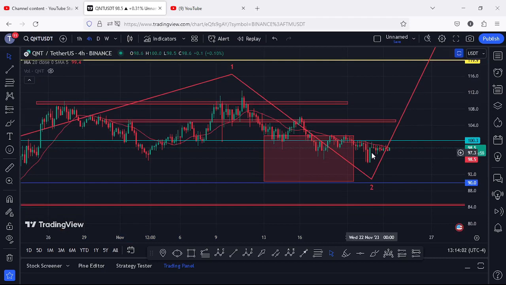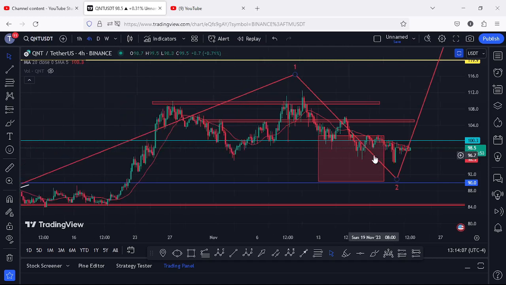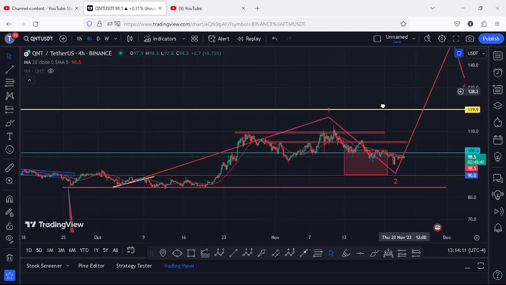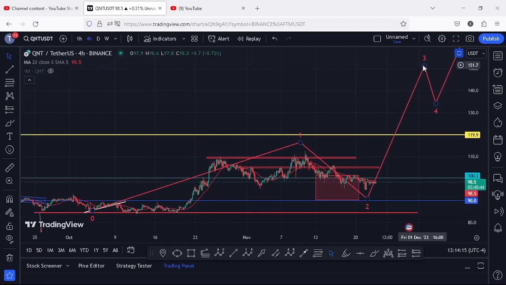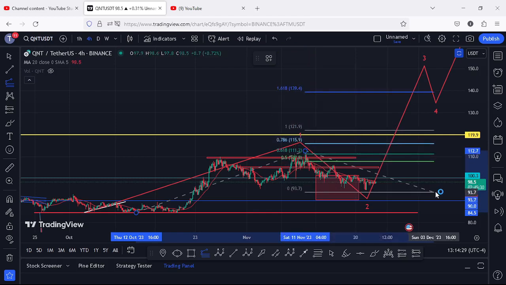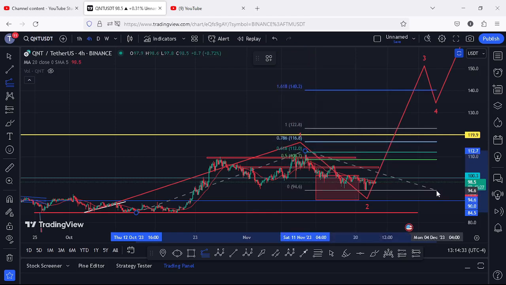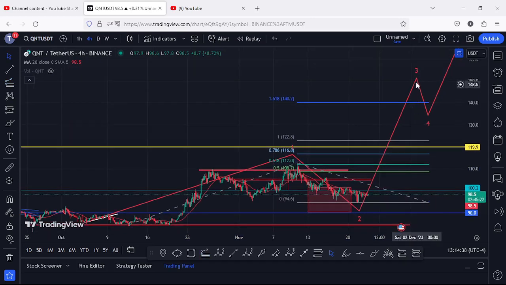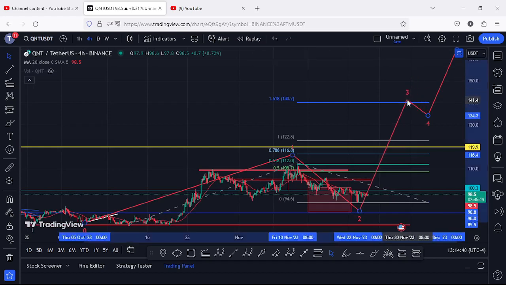And in case QNT manages to break above significant areas of resistance and continue showing some impulsiveness to the upper side, then that could be the start of an impulsive wave in the formation of this wave 3, where we can easily get above the $150 mark, and that is based on the trend-based Fibonacci, where we can connect it from the low of the first wave to the high of that wave 1, then drag the fibs to the low of the second wave, giving me a minimum target area for the third wave at the fib level 1.618, and that is above the $140.2 mark.